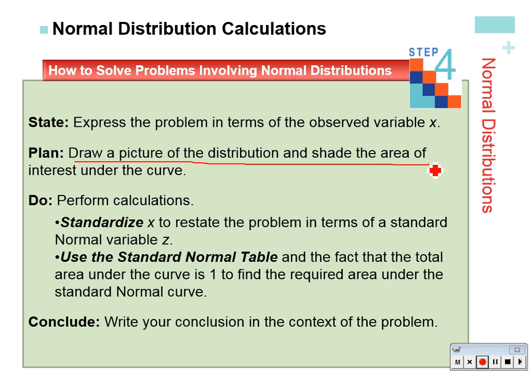The do part, you want to standardize the value of x, meaning you want to compute what the z-score is for the given value or values in the problem, and then you want to use your normal CDF and your calculator in order to answer those kinds of questions. And then once you get your area under the normal curve, you want to state your conclusion within the context of the question. So that's just revisiting state, plan, do, conclude in regards to how you want to answer a problem like that with the normal distribution.